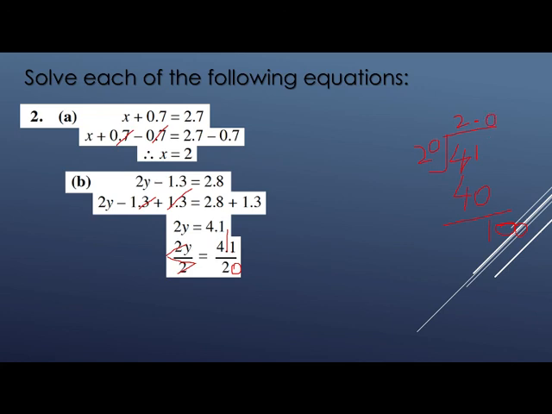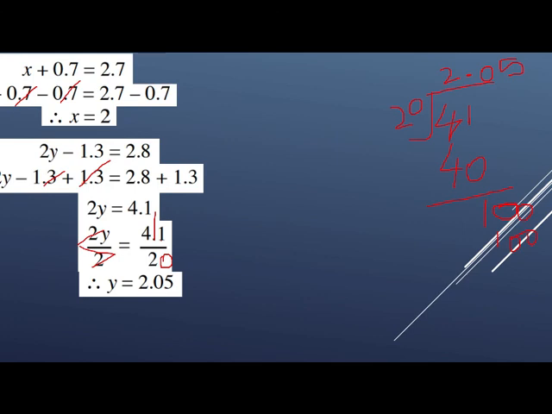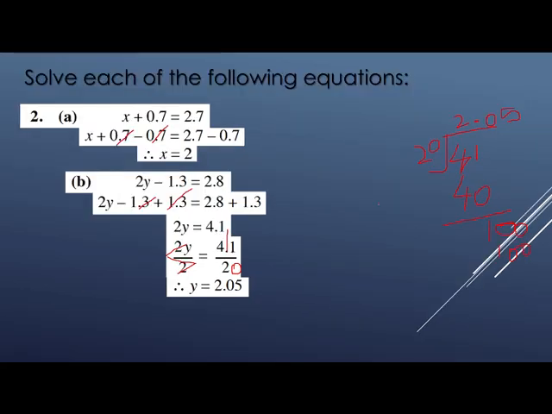Then read again the table of 2. 2 fives are 10. So how can you write the answer? Yes, y is equal to 2.05. I hope it is clear.